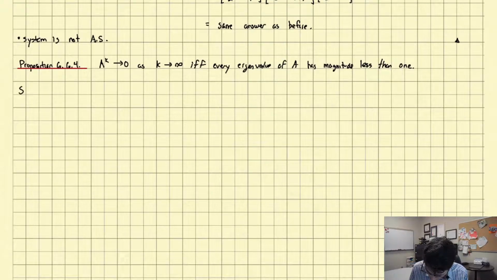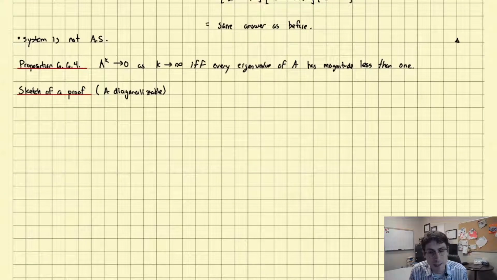Let's do a sketch of a proof when A is diagonalizable. Okay, we'll prove it in the case when A is diagonalizable. The proof in the general case is very similar, just a bit more complicated and doesn't really illuminate much more. So let's do the simple case where it's diagonalizable.